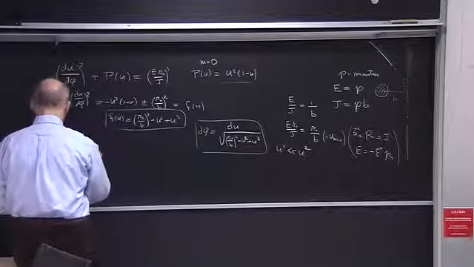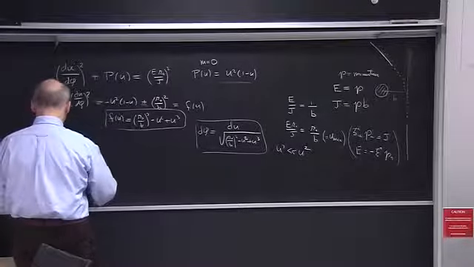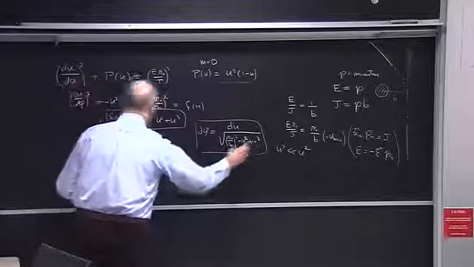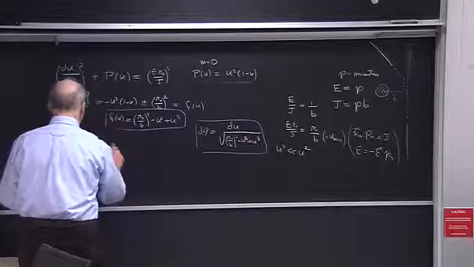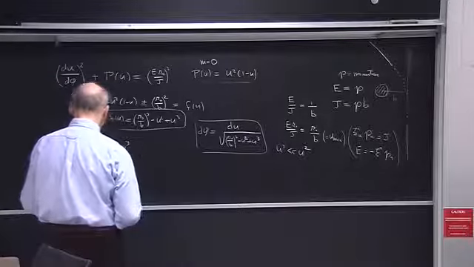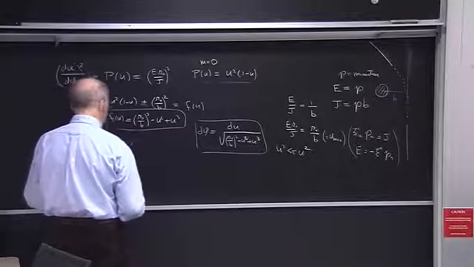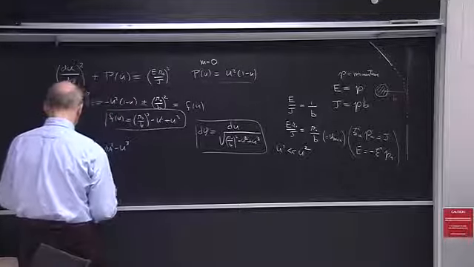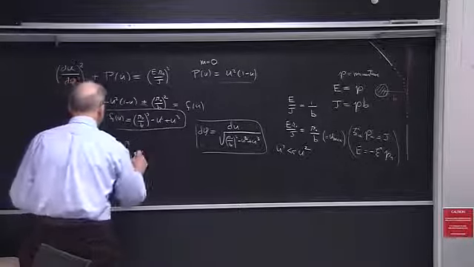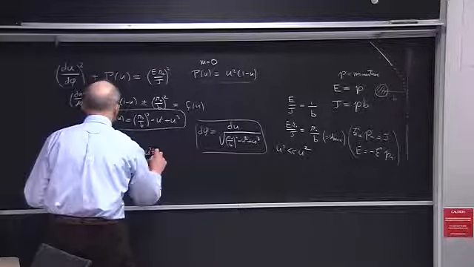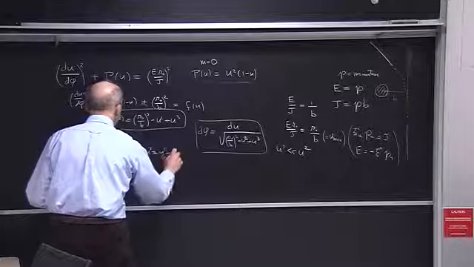If I define a new quantity, y squared, to equal this thing here, u squared minus u cubed, then we're dealing with the integral. If we solve for this, then u squared is equal to y squared plus u cubed.